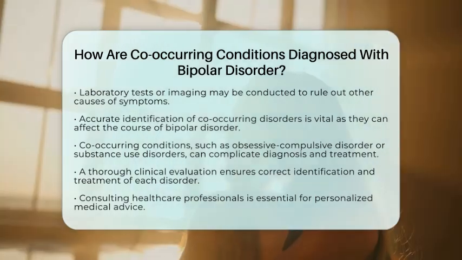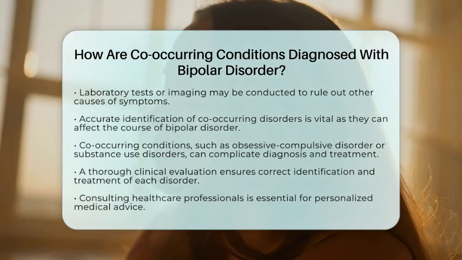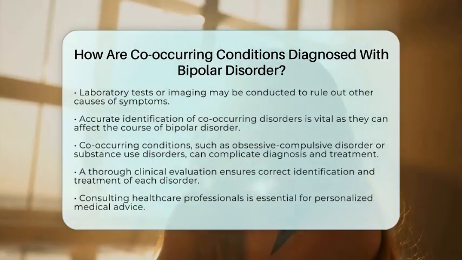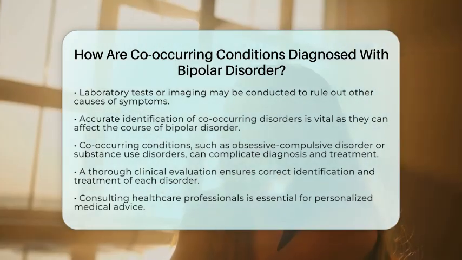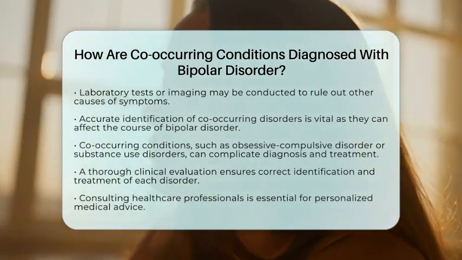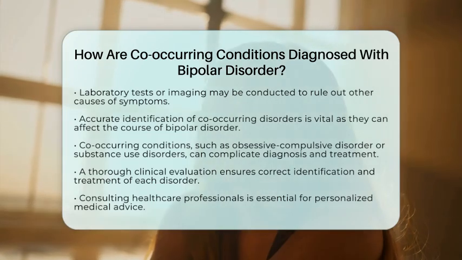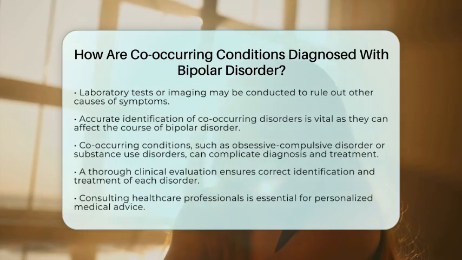Medical conditions that may mimic psychiatric symptoms are also considered. This detailed and cautious approach ensures that each disorder is correctly identified and treated with evidence-based interventions, ultimately improving patient outcomes. Always remember to consult healthcare professionals for personalized medical advice.